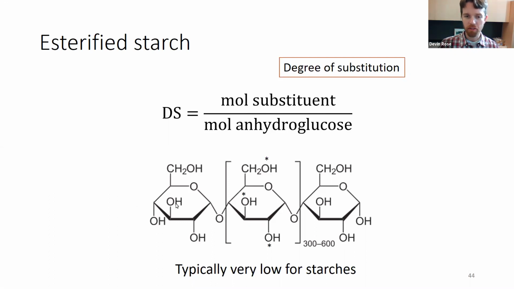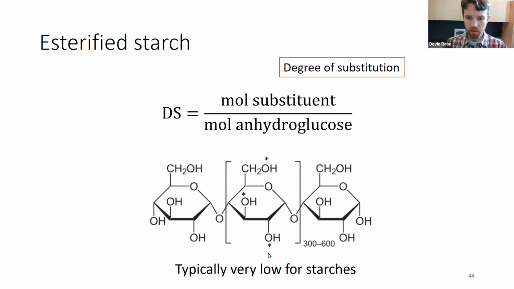And so here I have a picture of starch. And this in brackets here would be an anhydroglucose unit. And it's anhydroglucose because we took out water to create this glycosidic linkage. So it would be called anhydroglucose.